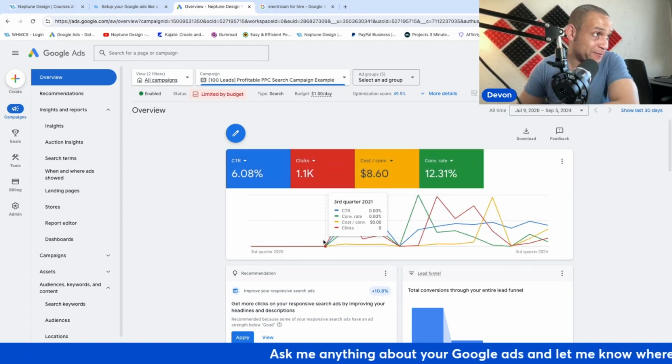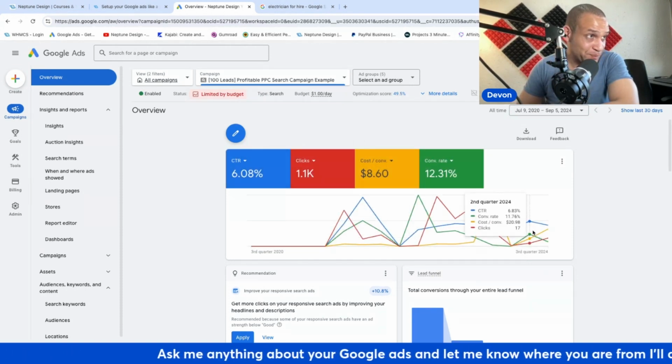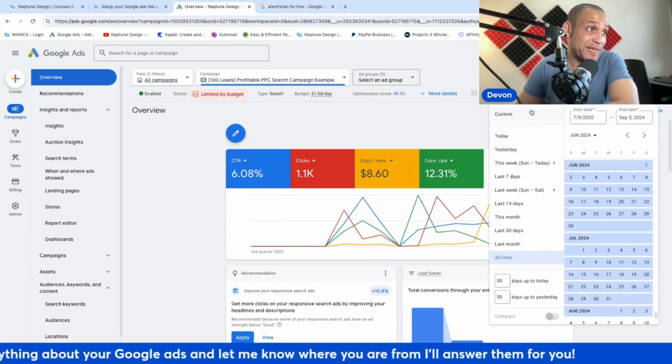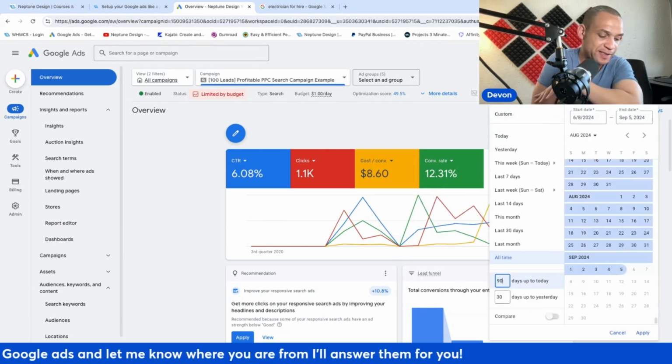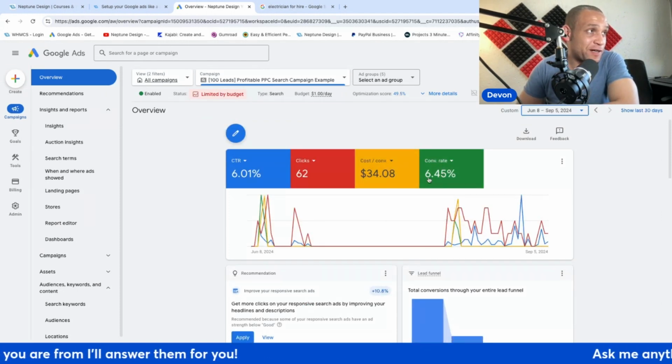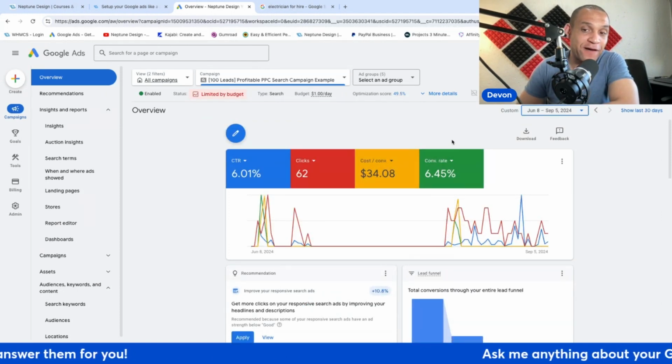And as you can see, from this time all the way here, the conversion rate has been high because the fundamentals are in place. I can even go over the last 90 days, and you can see the conversion rate here is 6.45%.